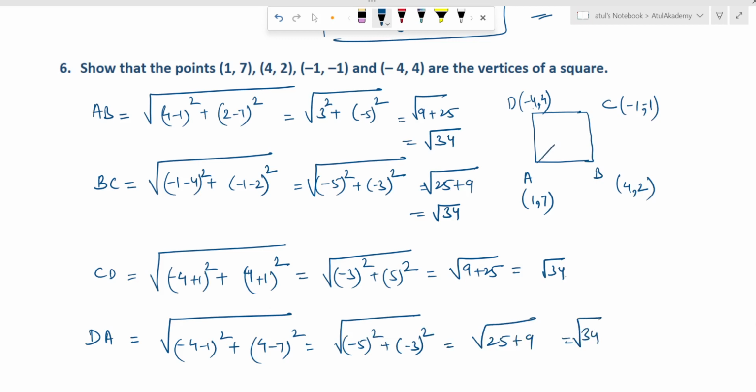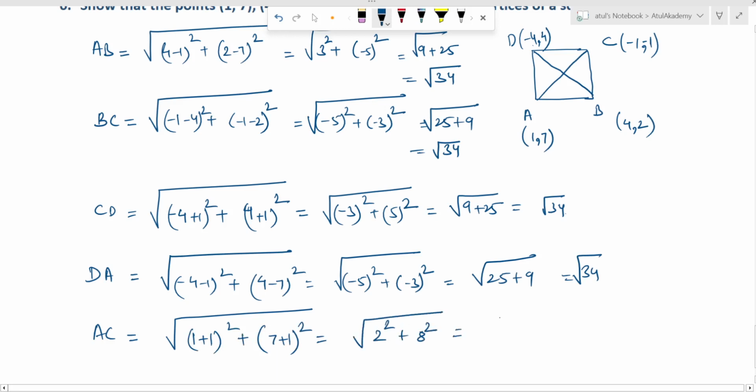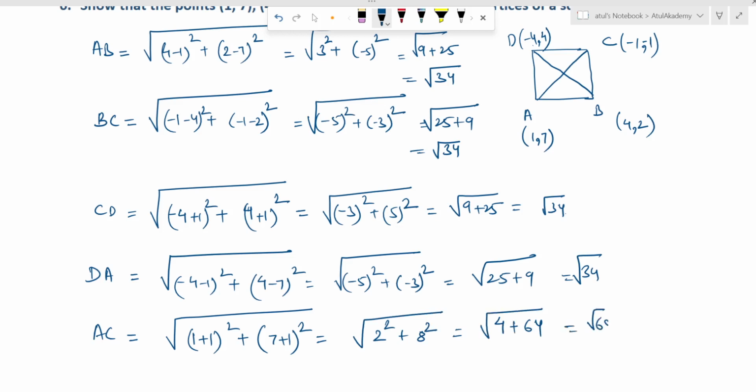Now let's calculate AC and BD. When we calculate AC, it comes out to be (1 - (-1)), so that will be 1 plus 1 whole square, and plus (7 - (-1)), which will be 7 plus 1 whole square. That's 2 square plus 8 square, which is 4 plus 64. That comes out to be root 68.